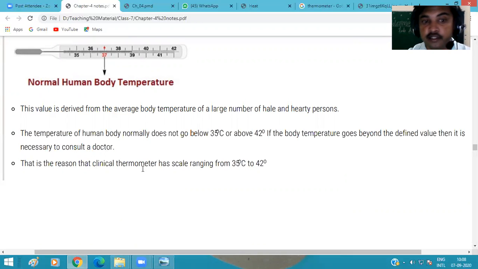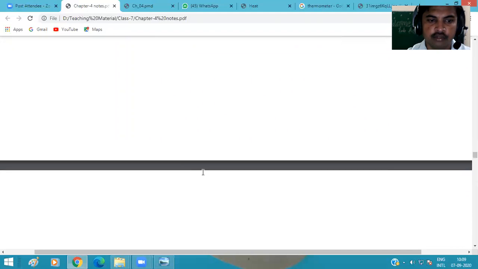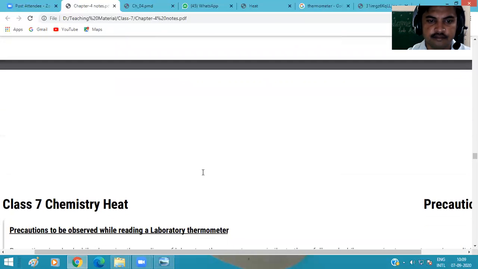This is the reason that a clinical thermometer has a scale ranging from 35 to 42, because our body temperature does not go below 35 or above 42. So a clinical thermometer always has readings from 35 degrees Celsius to 42 degrees Celsius.